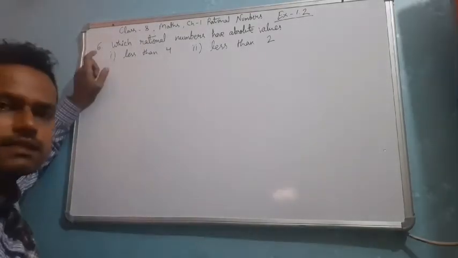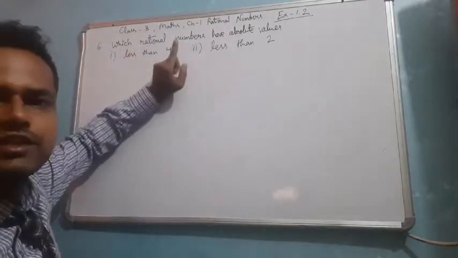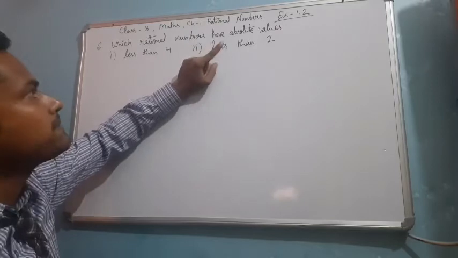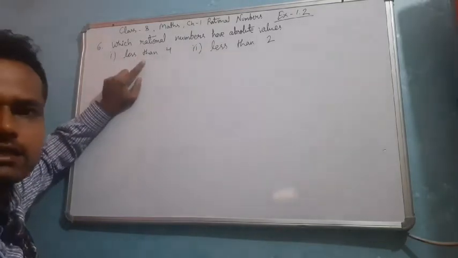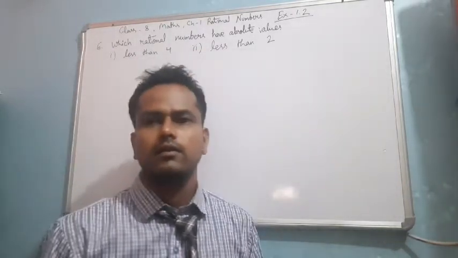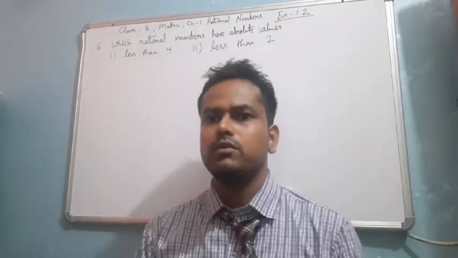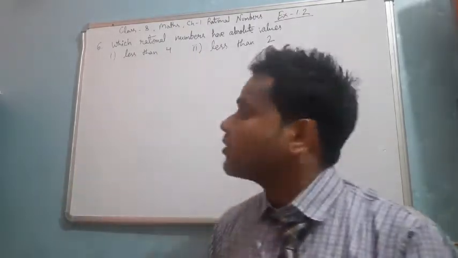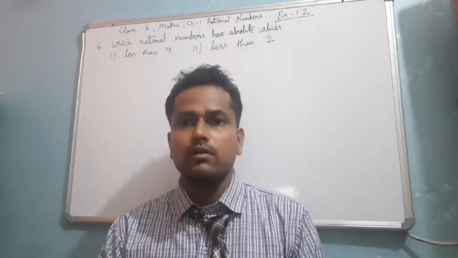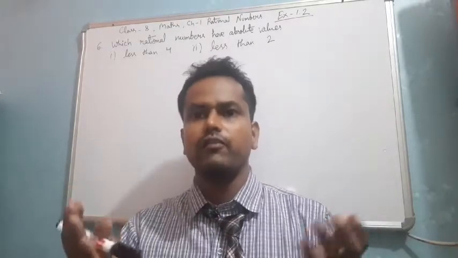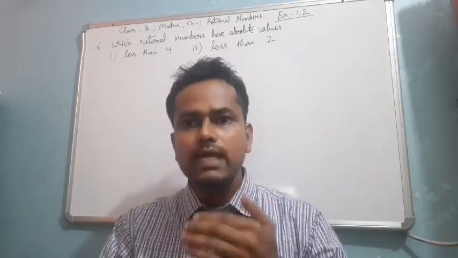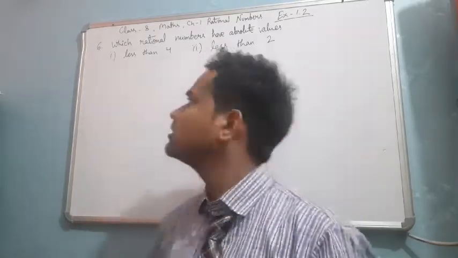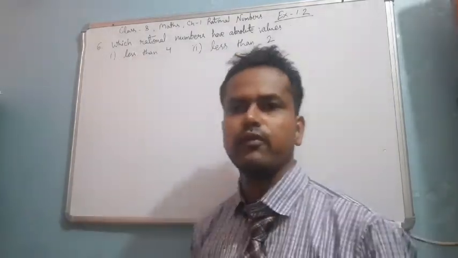Question number 6 asks: which rational numbers have absolute values less than 4? You have to find the sets of rational numbers whose absolute value is less than 4.